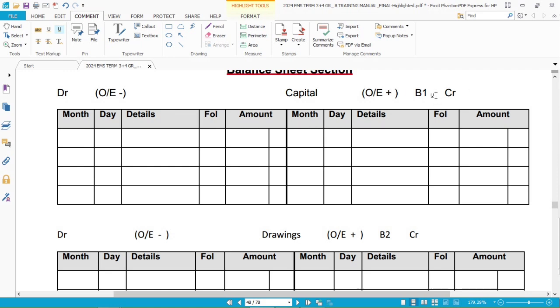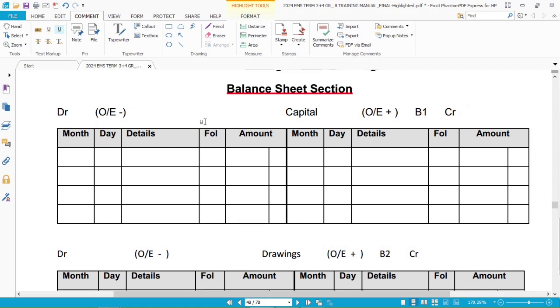This here stands for credit, this B stands for balance sheet number 1, right? You've got a month, you've got day, you've got details, folio, and then you've got month again. Then you've got a debit side, owner's equity, you've got a decrease sign there, minus sign, which means that capital decreases on the debit side.